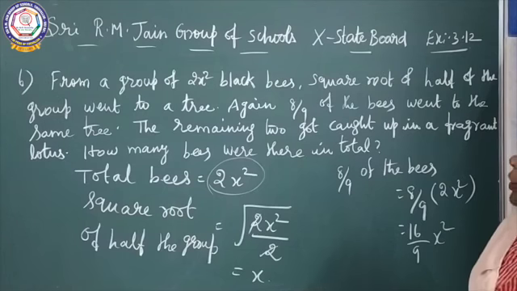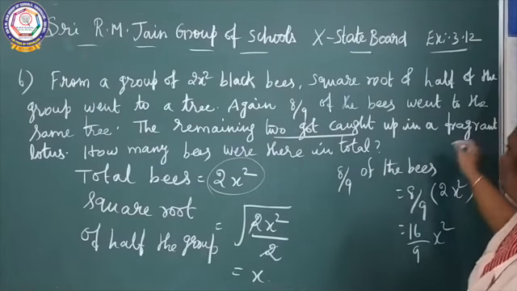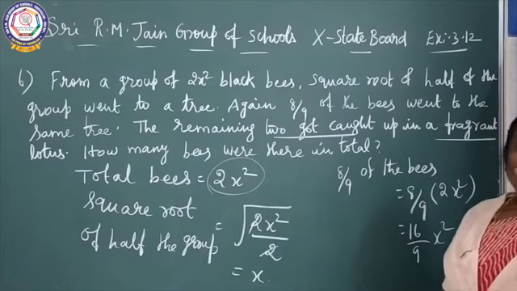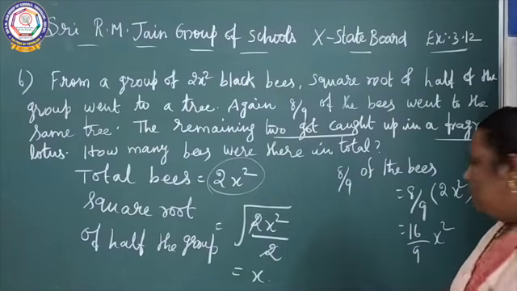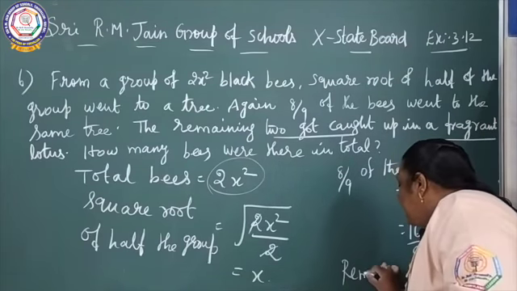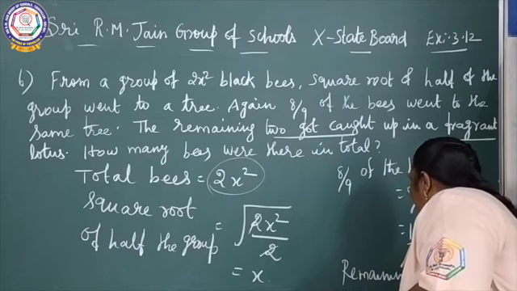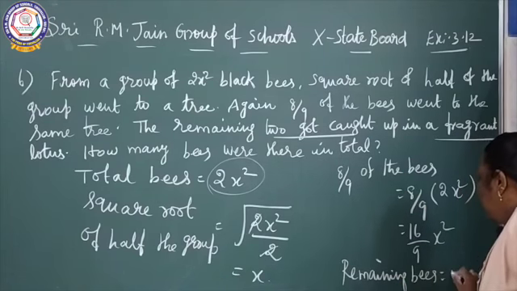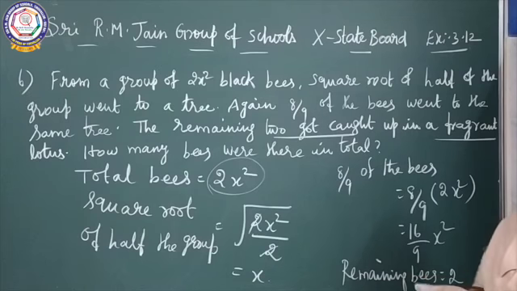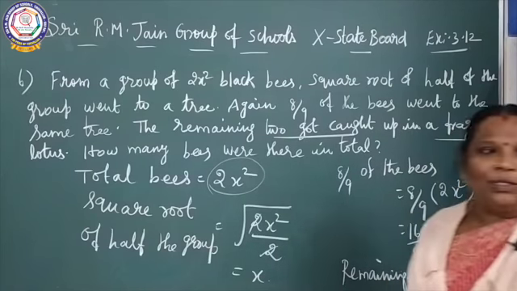Remaining bees, two of them attracted by the fragrance of lotus. So, what is the remaining bees? 2 bees. How do you frame the equation? Total number of bees is 2x square.